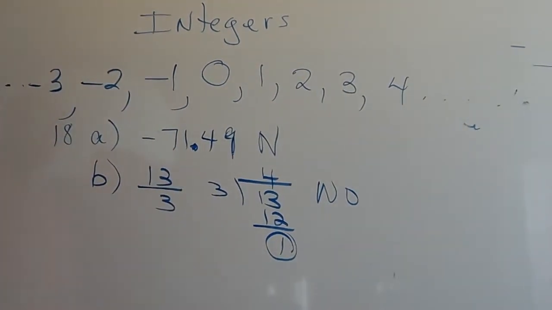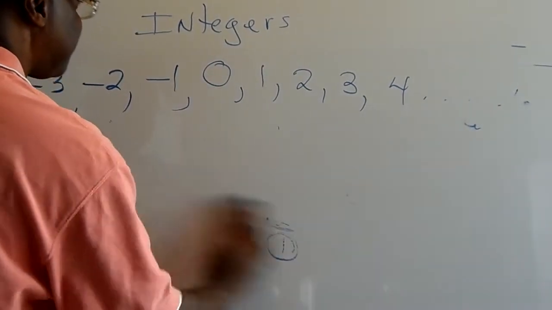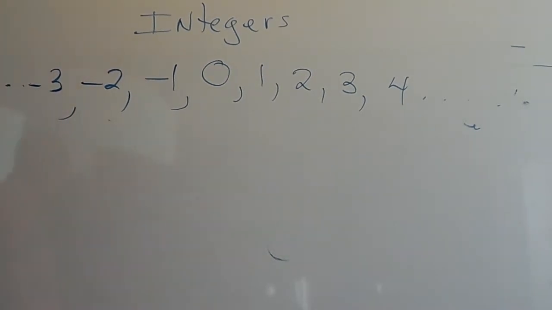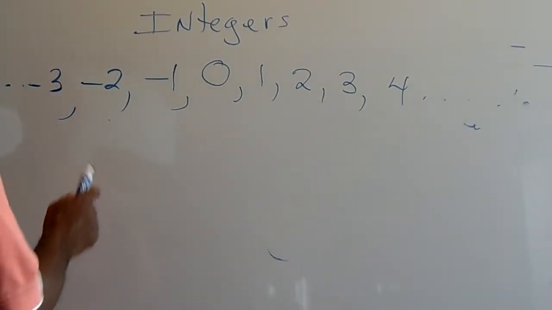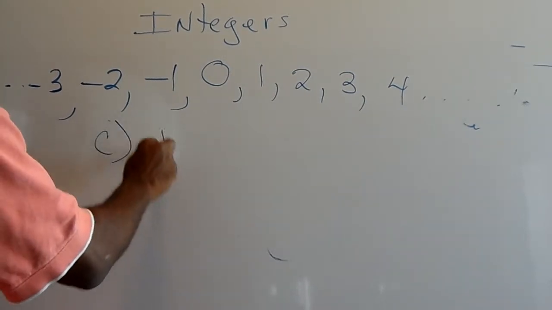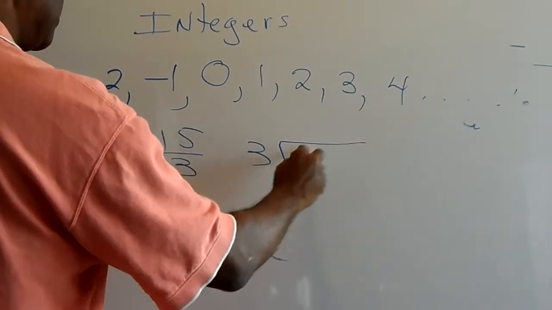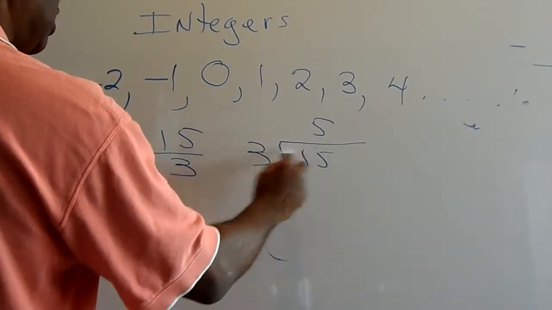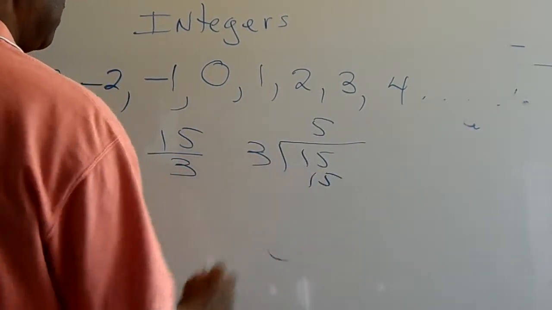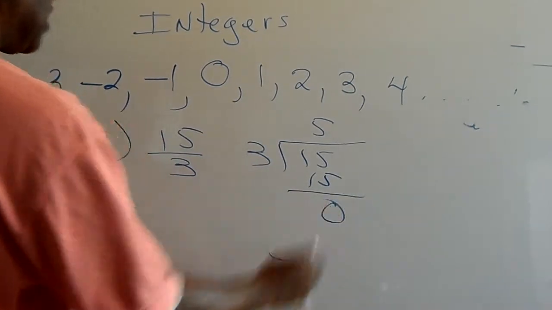Okay? Let's look at a couple others. So C, what is C? C is 15 over 3. Well, let's go ahead and divide it out and see what happens. 3 goes into 15, 5 times. 5 times 3 is 15.